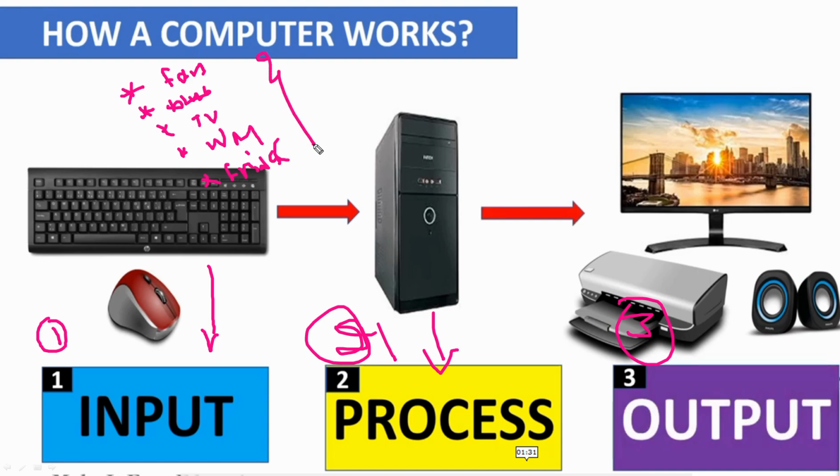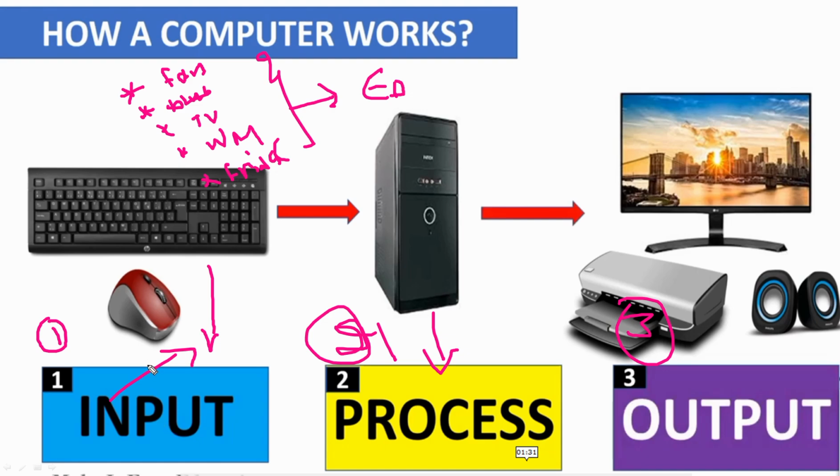All these devices take the support of electric current, and we call them electronic devices. All electronic devices work on this basis: input, process and output. We call these the basic operations, or the basic functions, of computers. All computers and all electronic devices work on this basis.